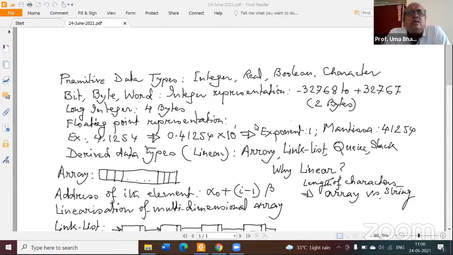A few quick thoughts. You are all very much familiar with this, just for the sake of completeness. With 10 different characters, 0 to 9, we can have 10 squared, that is 100 numbers, 100 integers. So with 2 bits, how many can we make? 2 to the power 2, that is 4.